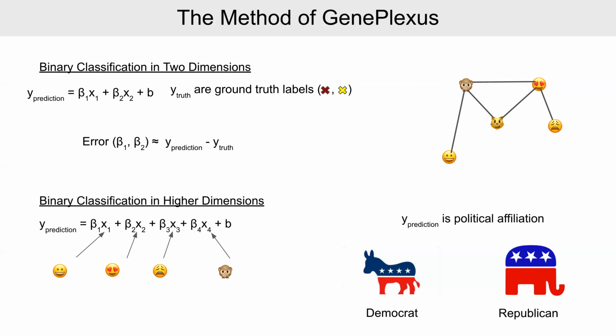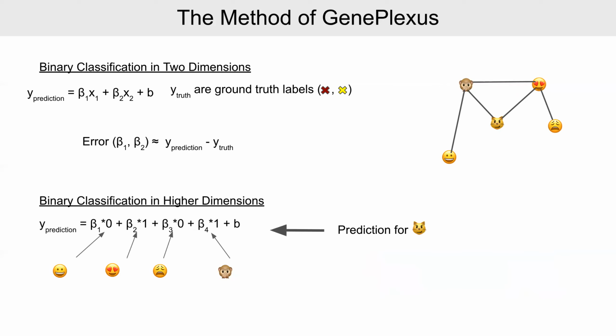Is that person connected to that person in the network? And so other people now become the features of the machine learning model. And so you can make a prediction for whether the cat is going to be Democratic or Republican based on the connectivity of that cat to all the other people.